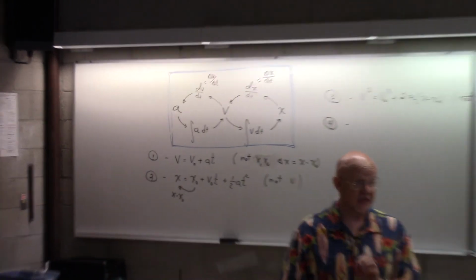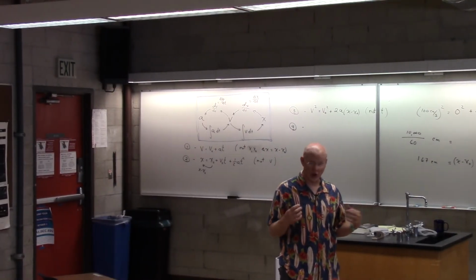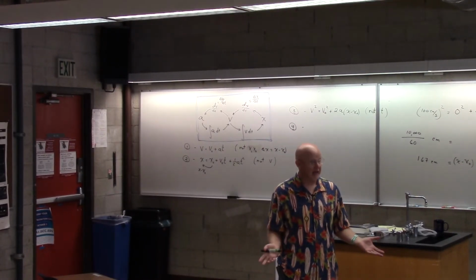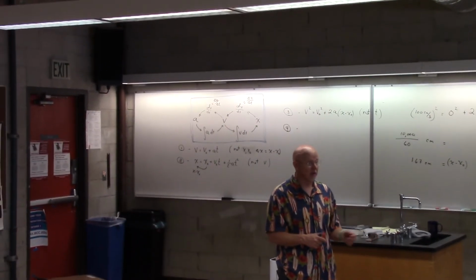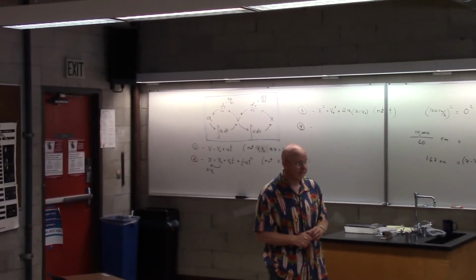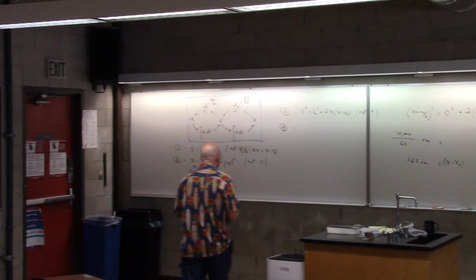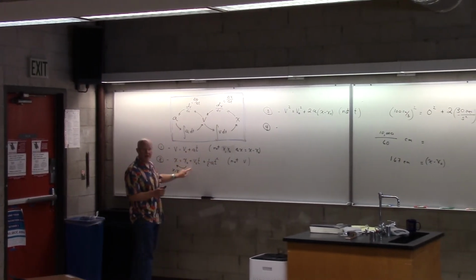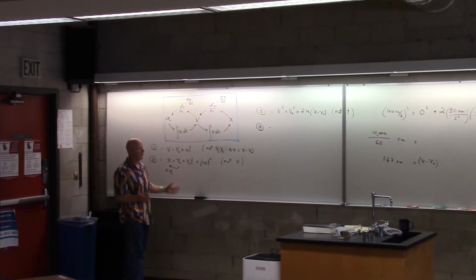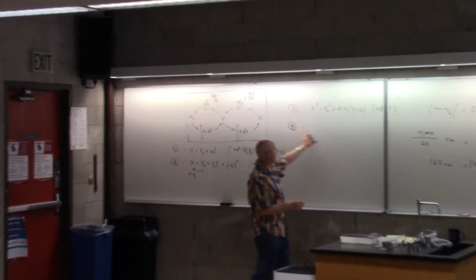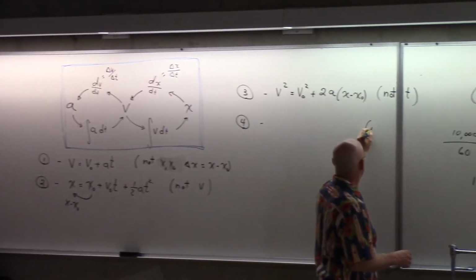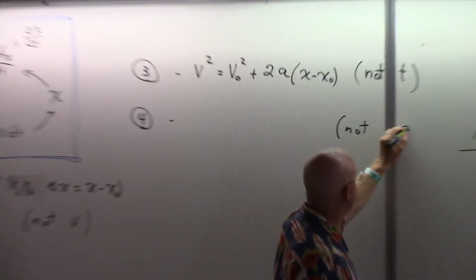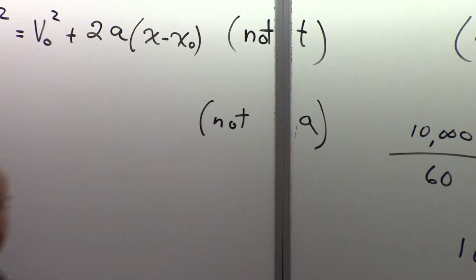So if they don't give us its value, they at least have to give us a clue that it's constant so I can actually use this equation. Okay? But can I play the same game? Why don't I just solve this first one for A, put it into here, and we have an equation that doesn't have an A for it. And so this would be the perfect equation to use if you do not have A and you're not looking for A.